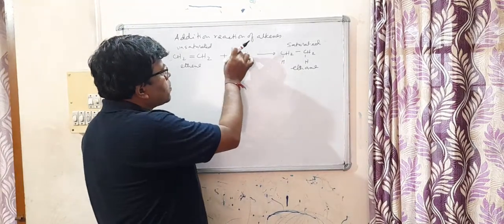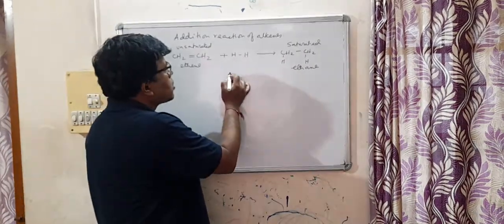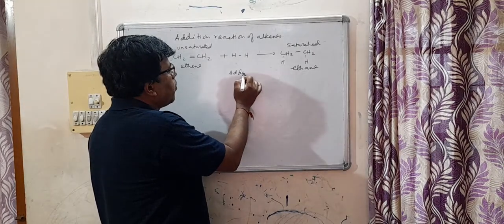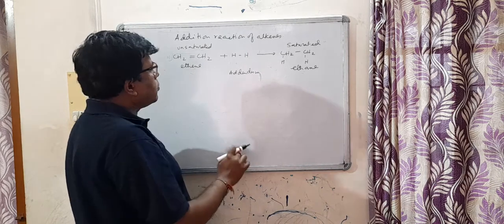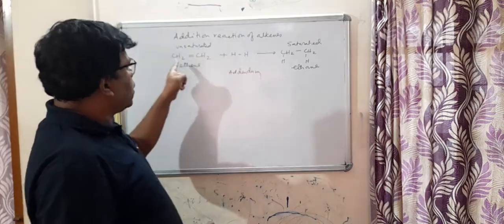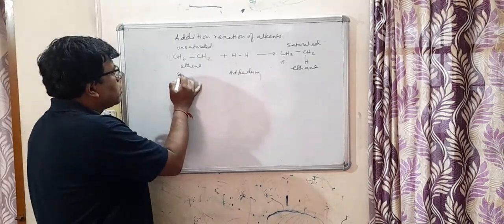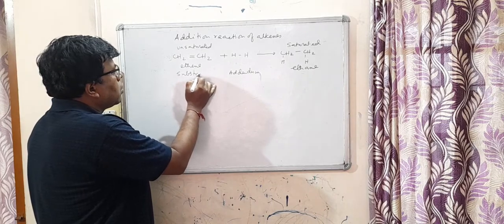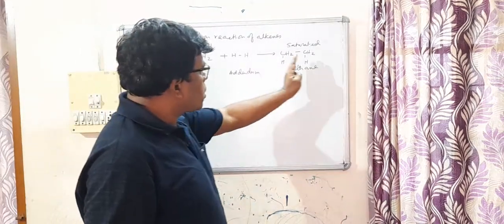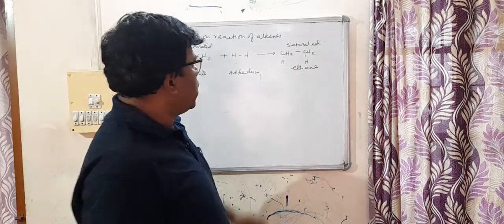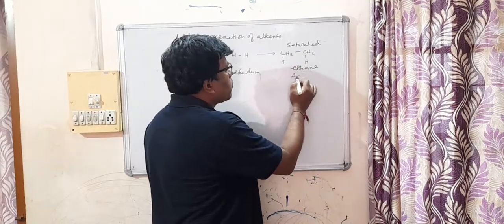The substance which is getting added is called addendum. And where it is getting added is called substrate. And the product that is formed by addition reaction is called adduct.